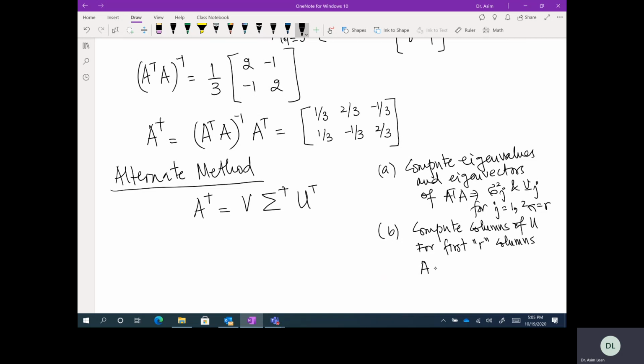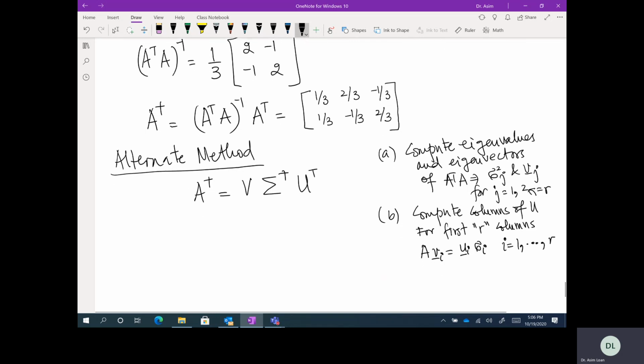If it's a tall matrix, use A into Vi equals Ui into sigma I, Ui into sigma I for I equals 1 to R. And for the R plus 1th column, for I equal to R plus 1 to M, you should do A transpose Ui equals 0, right? A transpose Ui equals 0.